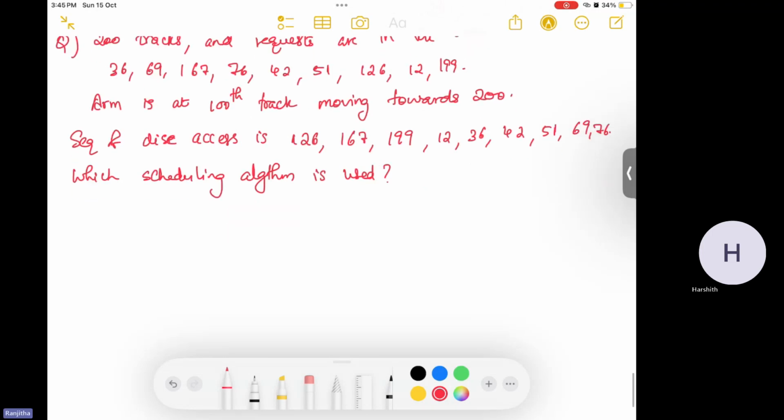Okay, so let's draw this and find out. We have 200 tracks, so from 0 to 199. So what are the points?